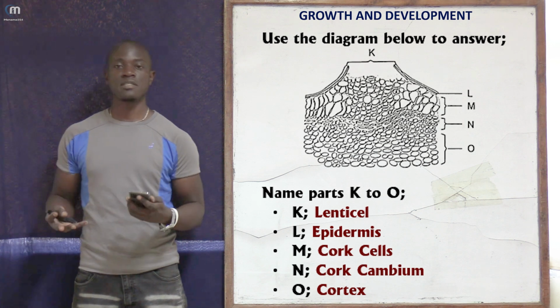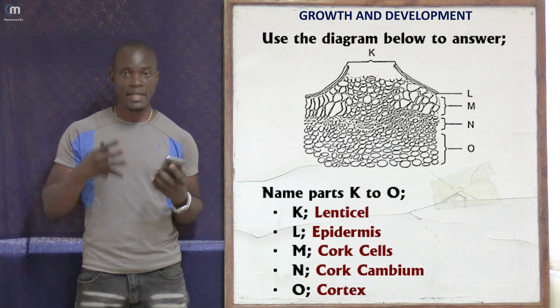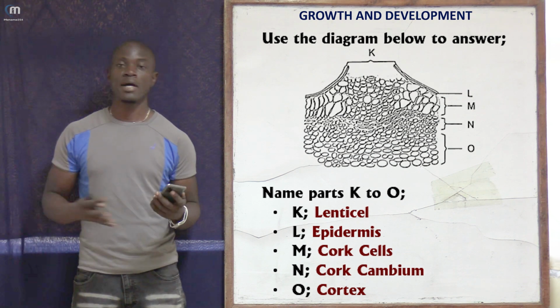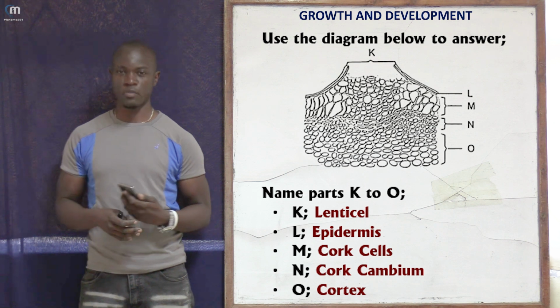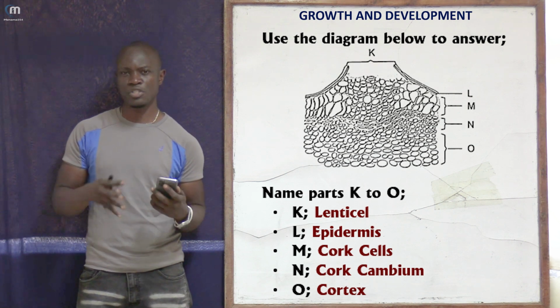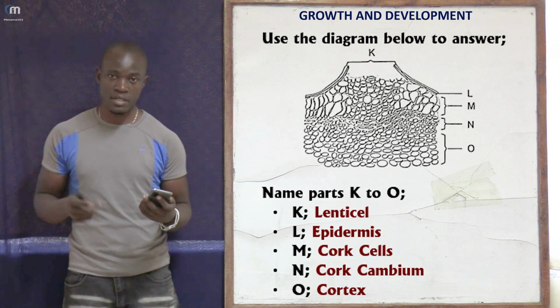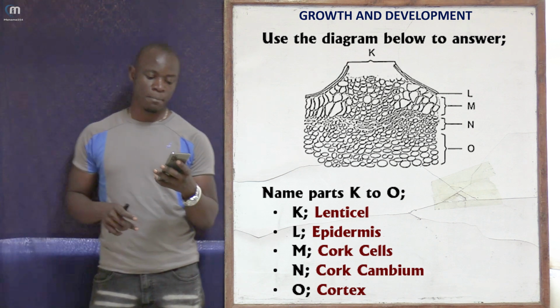It can also use the lenticel for gaseous exchange, whereby stomata are found in the leaves, lenticels are found on the stem, and we also have the pneumatophores. The pneumatophores are found on the root regions as breathing roots. I guess they are called the hydathodes, the breathing roots, yet to confirm.